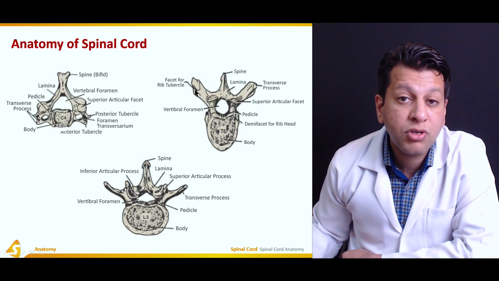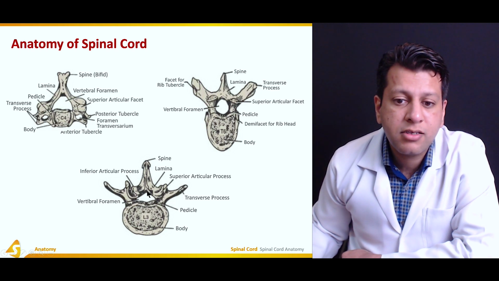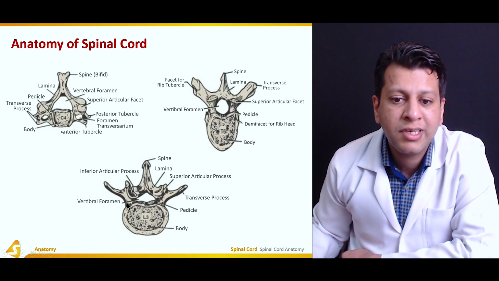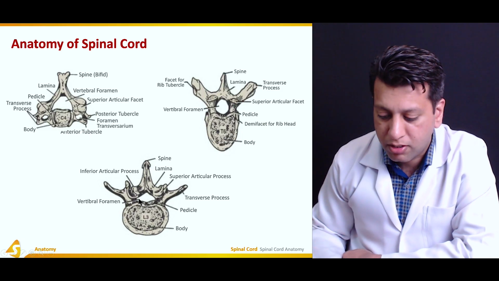The ribs are attached to the transverse process of the thoracic vertebra posteriorly as well as anteriorly, as you can appreciate here. And in this lumbar vertebra as well, you have long spinous processes, long transverse processes, a large body, pedicles and articular facets, but a very small volume for the spinal cord itself.